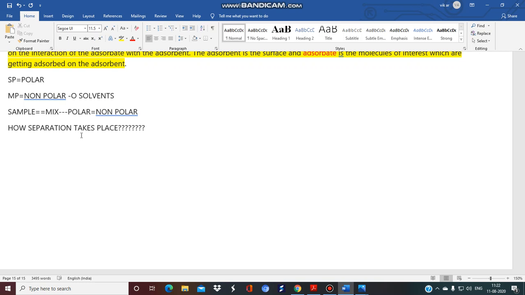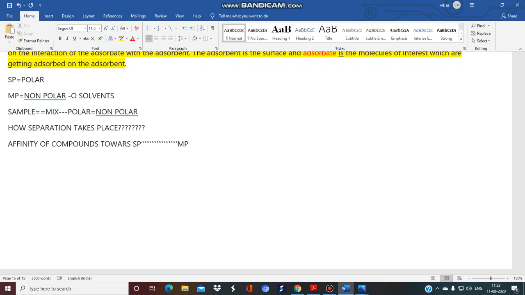This is a big question, but it has a simple answer. Separation takes place because of the affinity of the compounds present in the sample towards either the stationary phase or the mobile phase. Okay, I repeat, compounds get separated because of the affinity of the compounds present in our sample towards the stationary phase or towards the mobile phase.